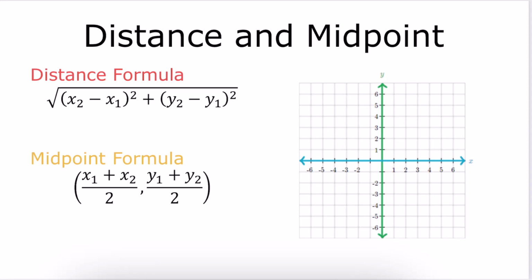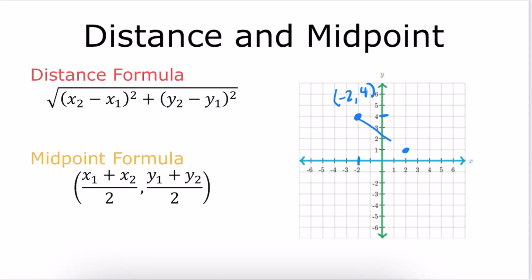So let's say, for example, I was looking at this point right here, and the coordinates of that point are -2 and 4, because you're at -2 on the horizontal number line and at +4 on the vertical number line. And let's say that I wanted to find the distance between that point and maybe this point right here.